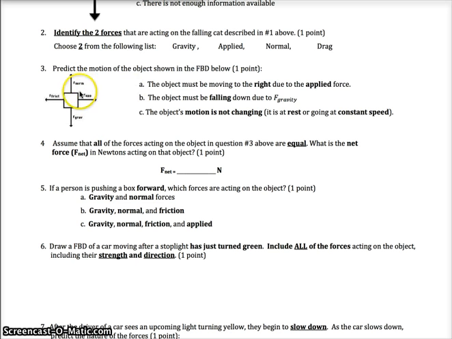And this one is labeled applied force. B, the object must be falling down due to gravity. There's gravity, but there's also a normal force up here. C, the object's motion is not changing. It's at rest or going at a constant speed. You'll have to determine if the arrows are equal.